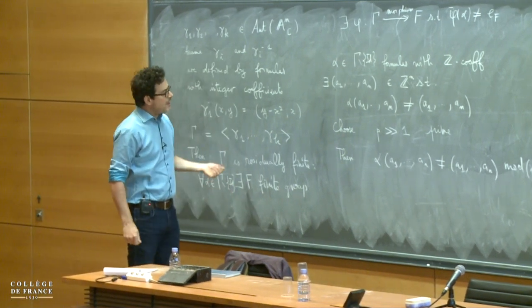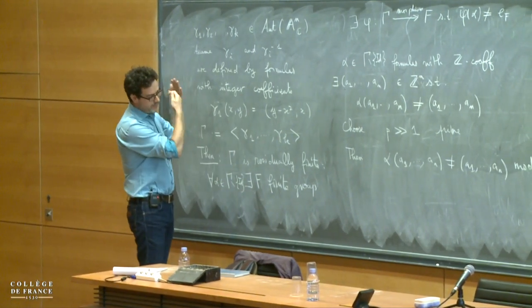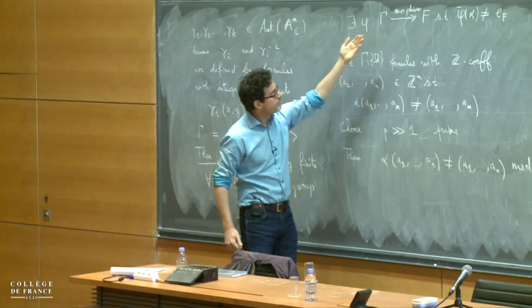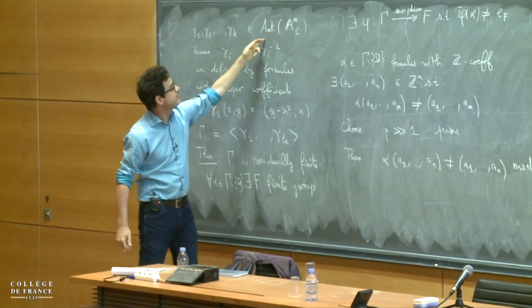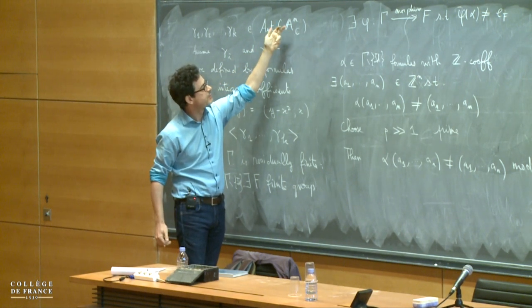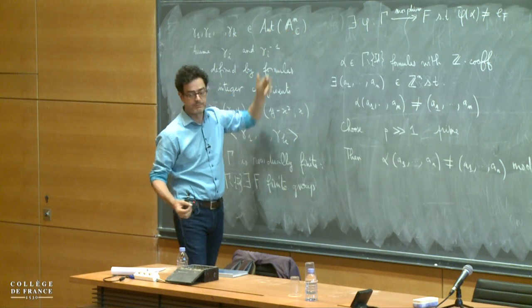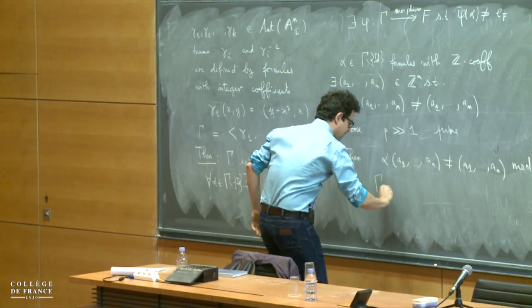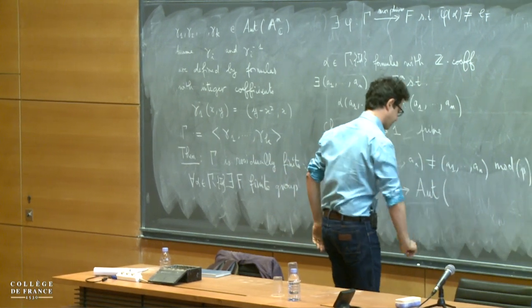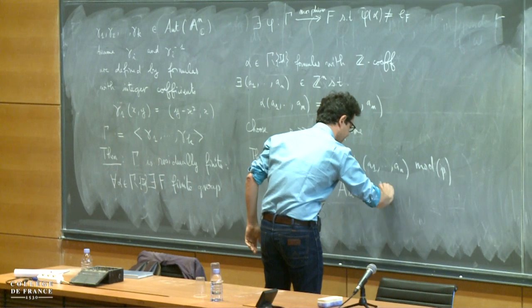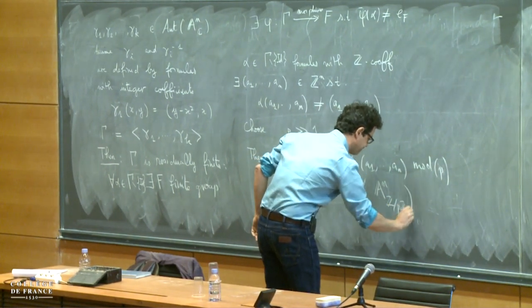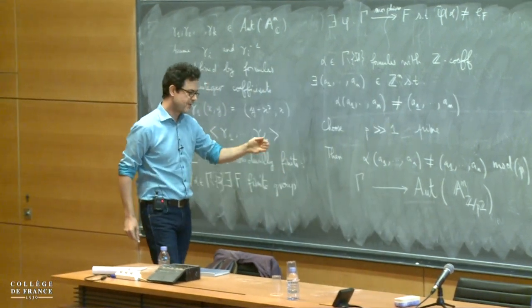Okay. And now you look at the reduction modulo P, and you get a morphism from gamma to the group of automorphisms of the affine space, but not with complex or integer coefficients, with coefficients now in Z mod P. So you get a morphism into the group of automorphisms of the affine space of dimension n with coefficients in Z mod P. Okay.